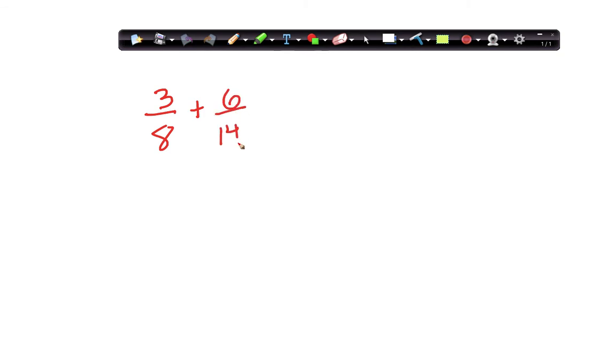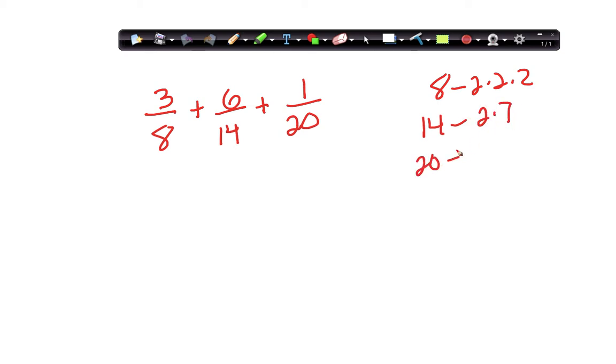If you're still with me, let's try to add, let's say 3/8 plus 6/14 plus 1/20. 8 is 2 times 2 times 2. 14 is 2 times 7. 20 is 2 times 2 times 5.